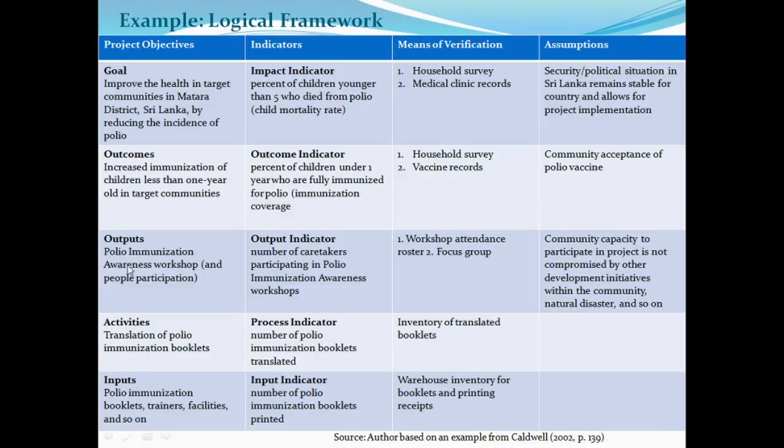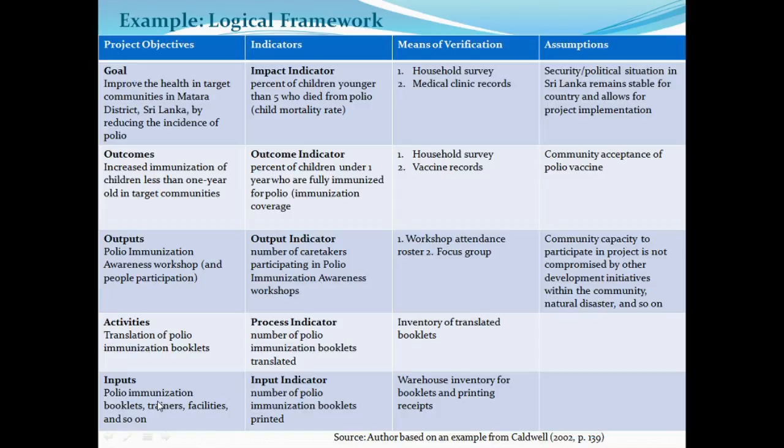Then activities, outputs. So these are basically the resources. These are the activities, the outputs. So these together basically make the input. So outputs, these are the outputs, these are the outcomes, and the goal. The goal means here the impact. So what is the impact? I've already discussed the impact. So let's just discuss this example first.